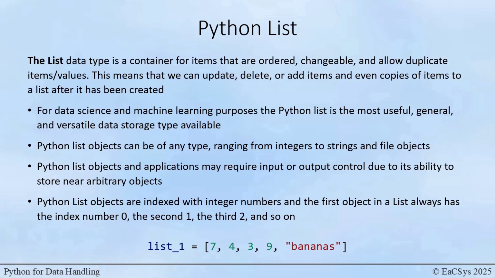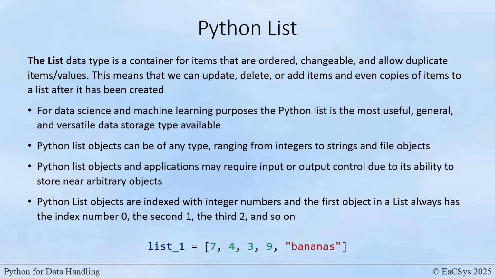So right, this description shows the most important properties of the list: the list's flexibility and the need to control the list and its objects either at input time or at output time, or perhaps at both.